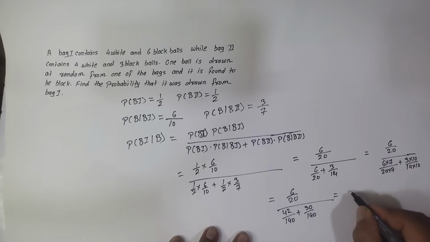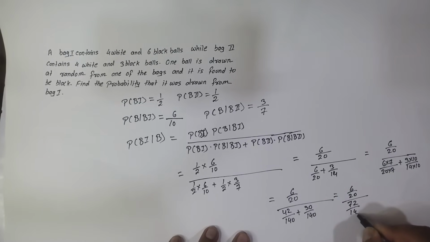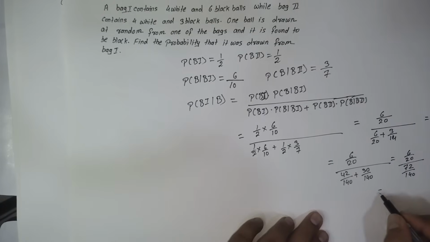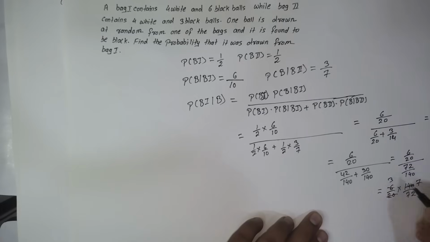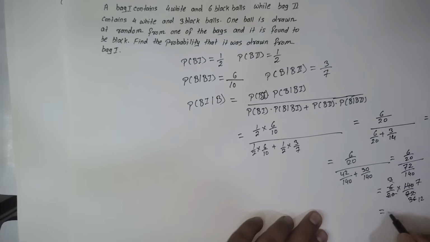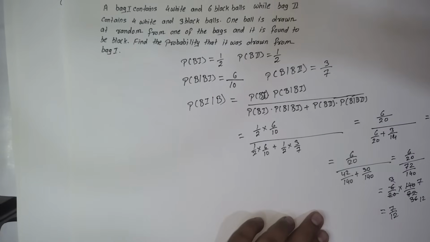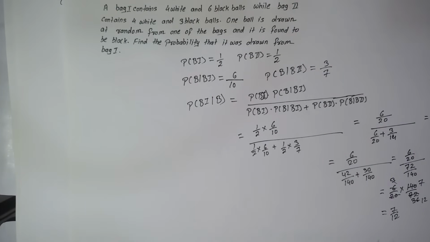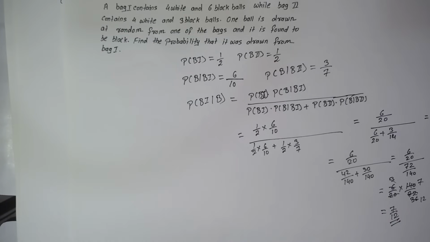So 6 by 20 divided by 72 by 140. So now it will be 6 by 20 multiplied by 140 by 72. Simplifying, the answer is 7 by 12. So the probability that the black ball is drawn from bag 1 is 7 by 12.